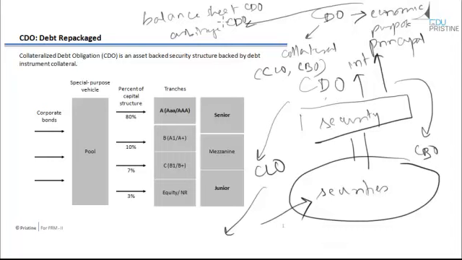Now, in order to create a CDO, first the issuer has to package a series of debt instruments. Once this package is sold to a trust or a special purpose entity, the special purpose entity or SPV will issue another class of securities, and these securities would be issued in different tranches. Thus, here we see there is a set of securities. These securities are transferred or sold to a special purpose vehicle in return for cash.